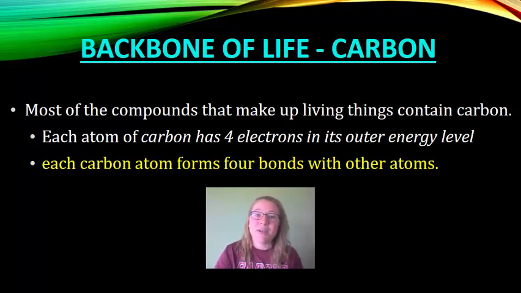So since carbon has 4 valence electrons, it can bond to 4 different things, or form a total of 4 bonds. In chemistry, you'll realize that 4 is the maximum number of bonds that can take place around a single atom. So that's really important.